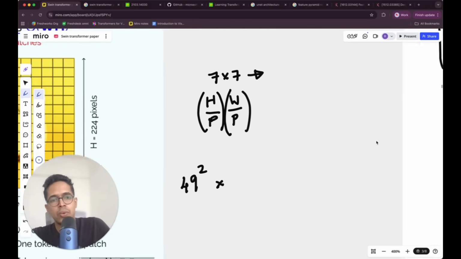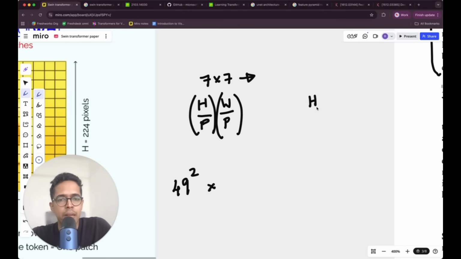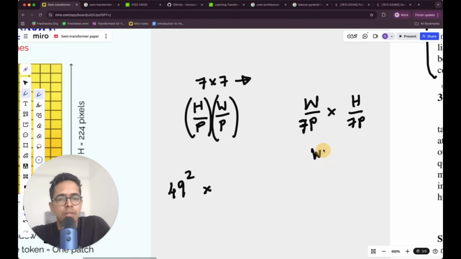W by P patches are there along the width, and each window is of width 7 patches, which means W by 7P. These many windows are there along the width, and H by 7P along the height. So total number of windows is WH divided by 49P squared.